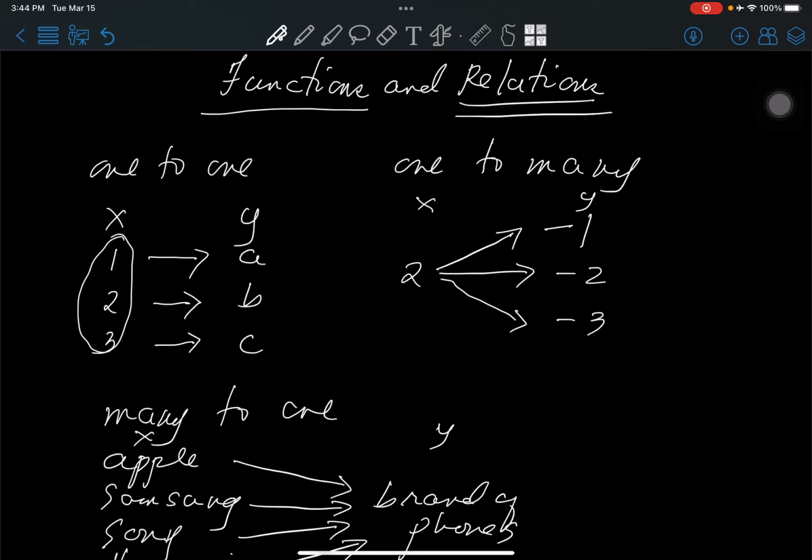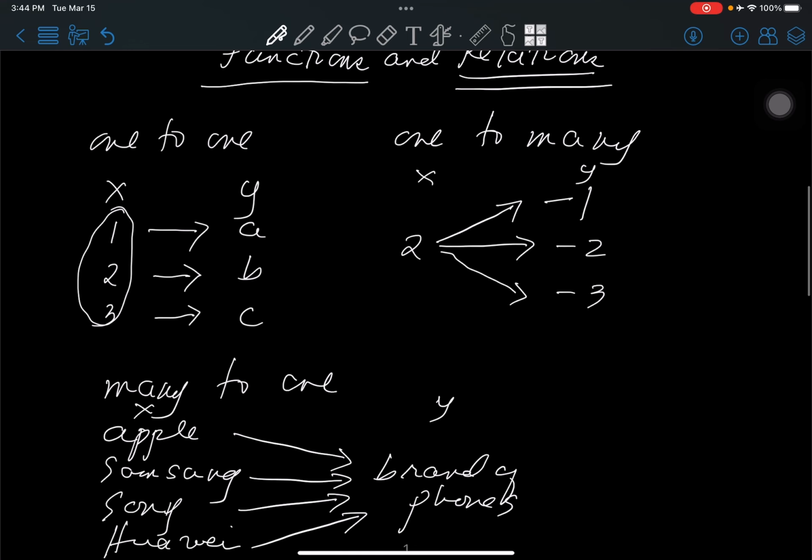Now, in our example, from our different kinds of relations, is one-to-one considered to be a function or is it simply a relation? By meaning of function, take note, there should only be one unique element for x. Okay, your x, in short, should not be repeated.